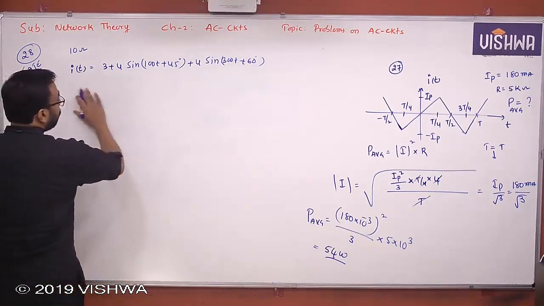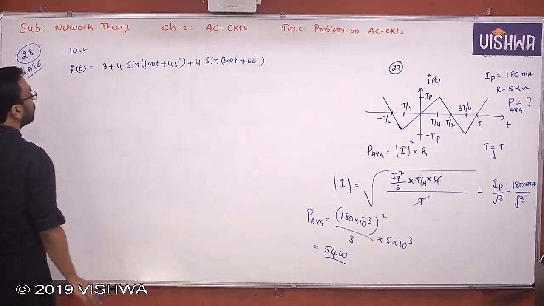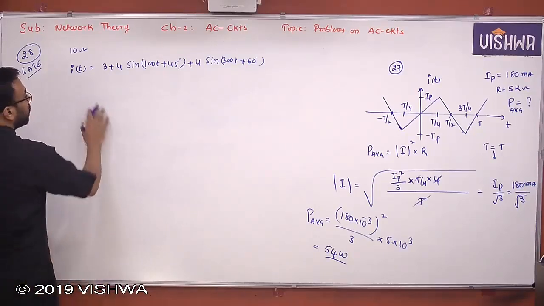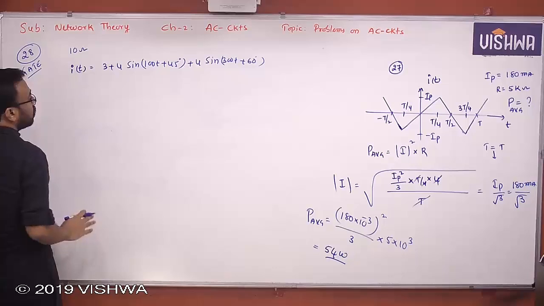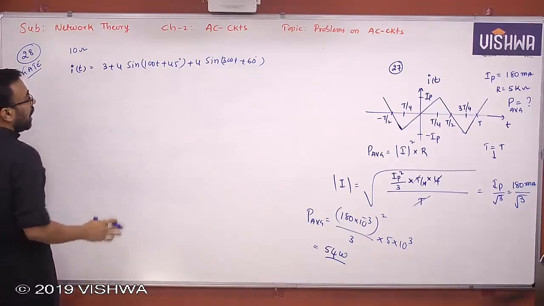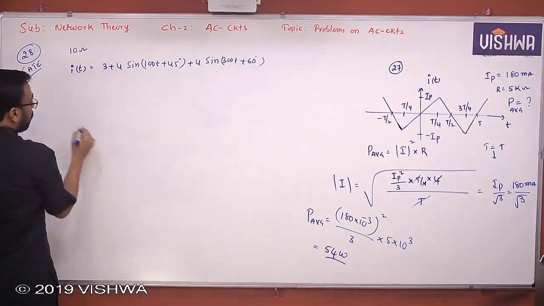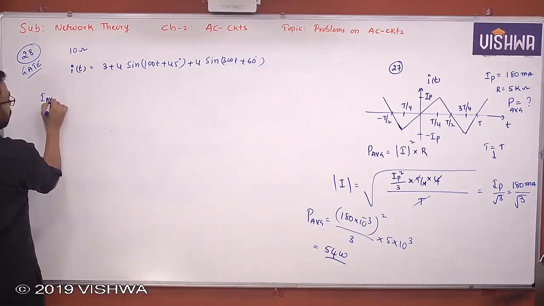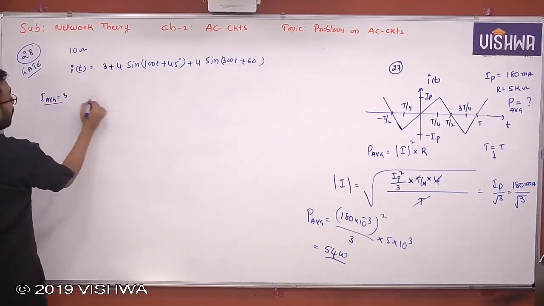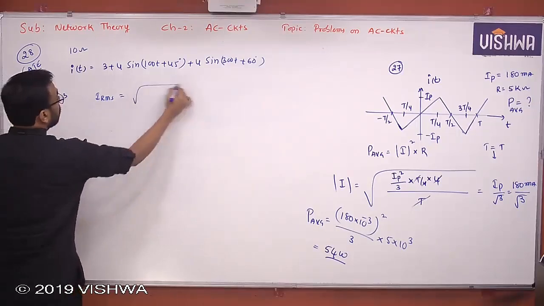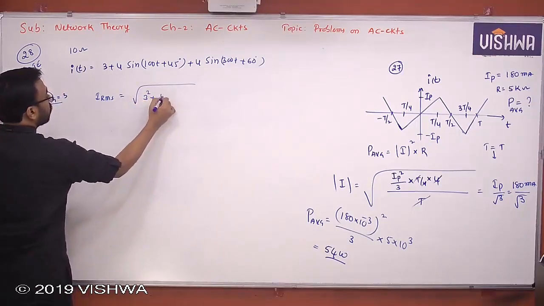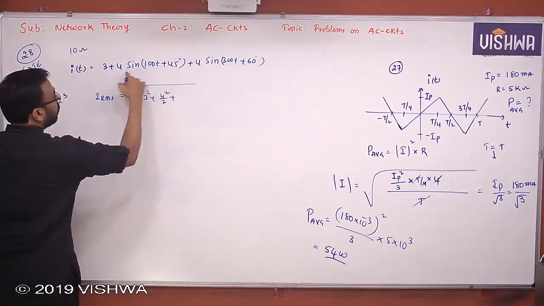So when you have multiple frequencies, a sinusoidal function with multiple frequencies and one DC component, he's asking what is the RMS value. The average value is the DC component. He did not ask, but we can find it. What is it? 3 only. But what is I RMS? We can say root of 3 square plus 4 square by 2 plus 4 square by 2.